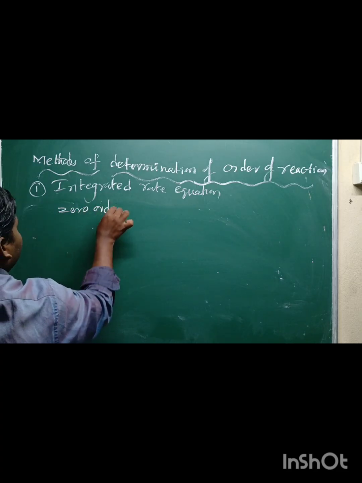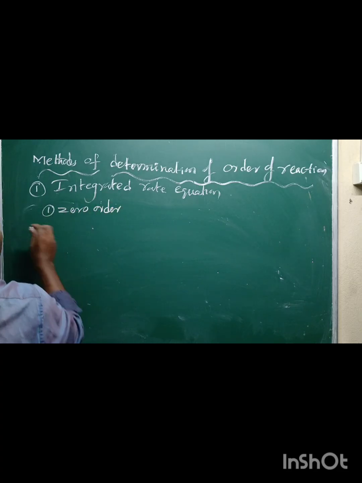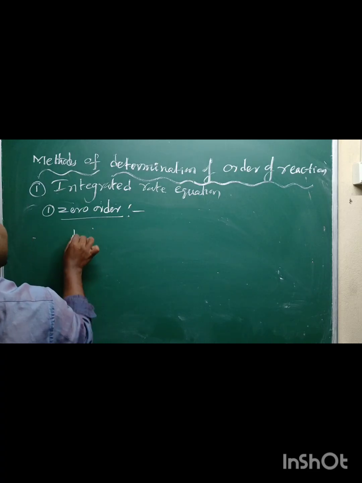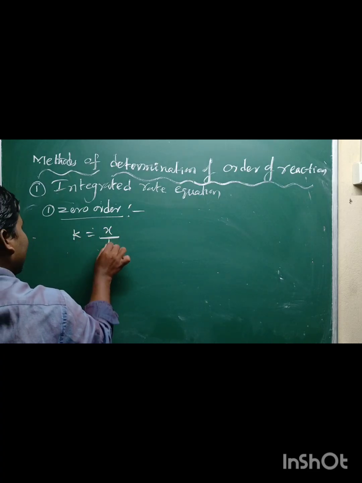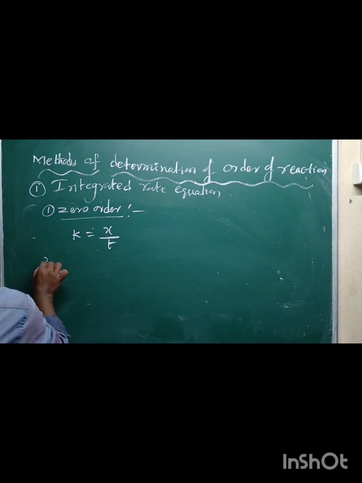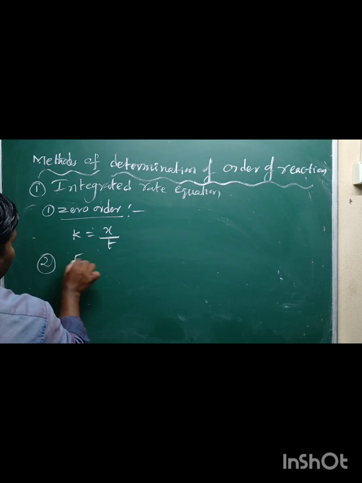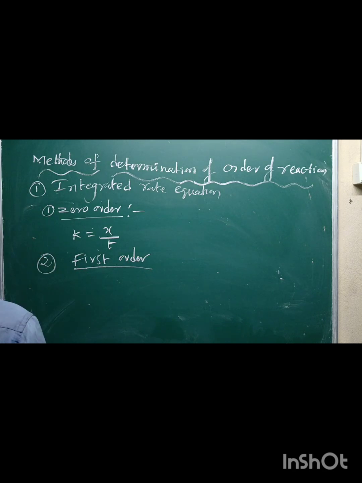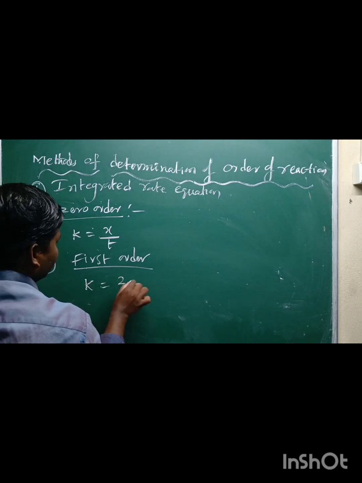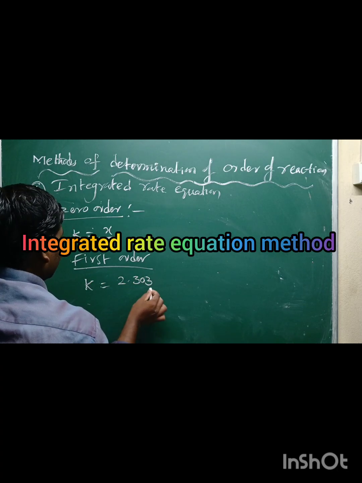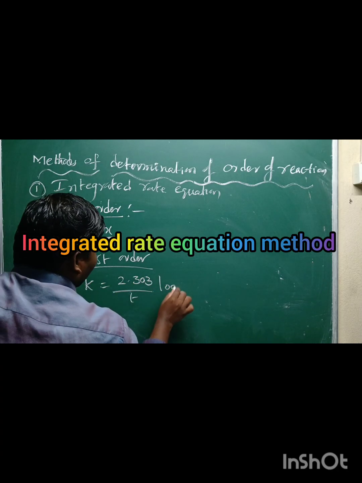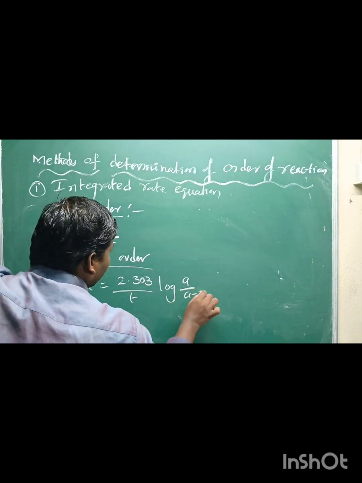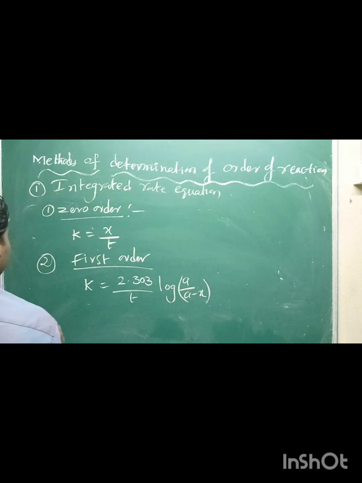For a zero order reaction, the integrated rate equation is K is equal to x by t. For first order reaction, the integrated equation is K is equal to 2.303 by t log of a by (a minus x).